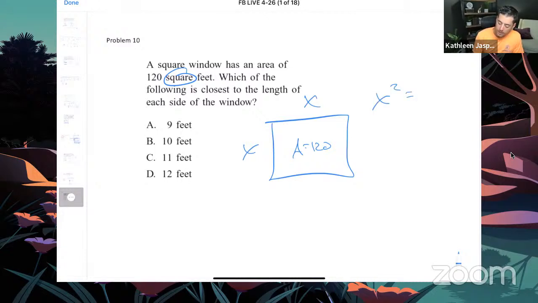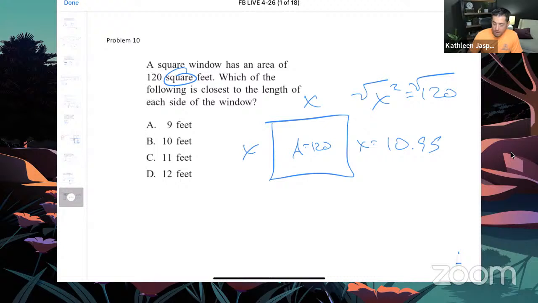You can find the square root. The square root of 120 gives me 10.95. X equals 10.95. So tell me, what would you put as an answer if you got 10.95 as the length of each one of these?